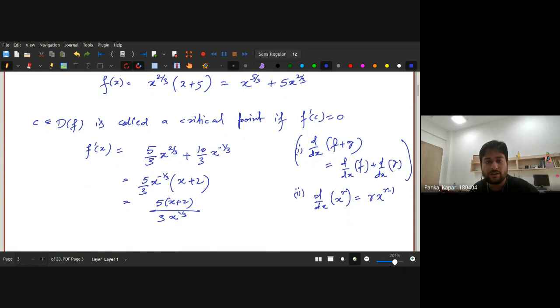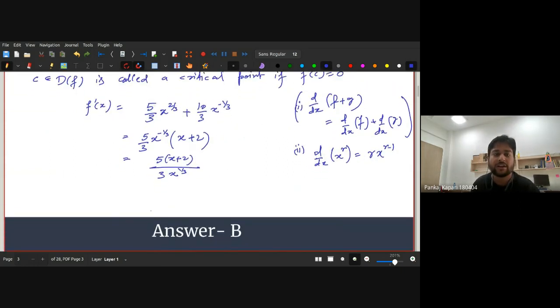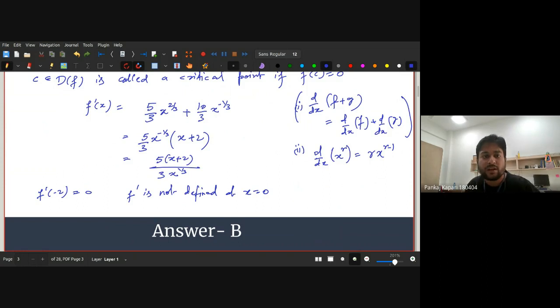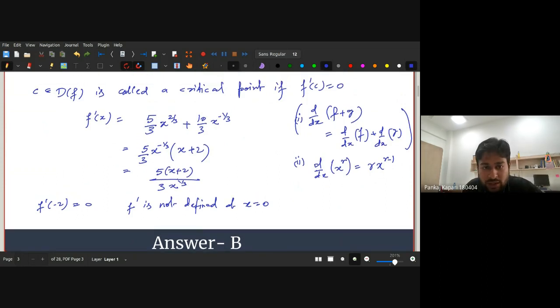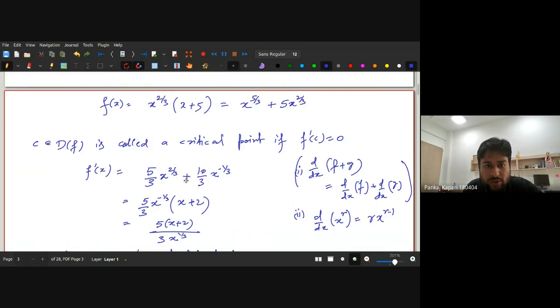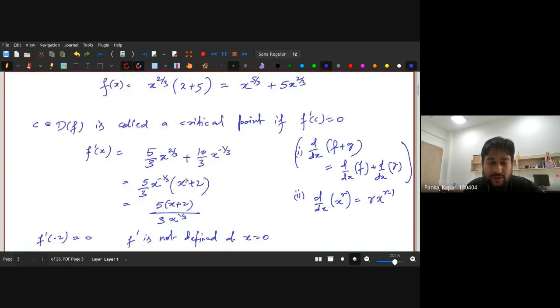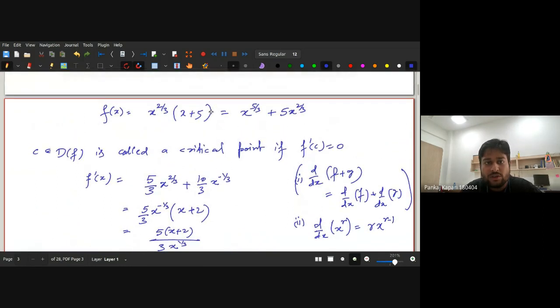This is the derivative of our function. Notice that f prime of minus 2 is 0 if you put x equal to minus 2. Further, f prime is not defined at x equal to 0, because in the denominator we have x to the power 1/3, and therefore the derivative is not defined at x equal to 0.